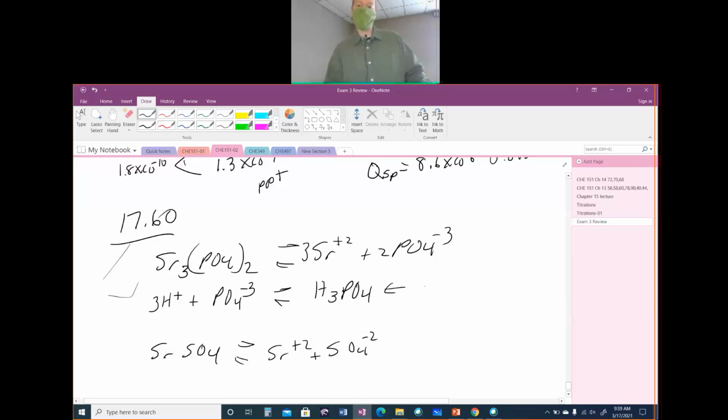This is not a memorized strong acid. This is a weak acid. And so this equilibrium is very, very strongly going to the right. So the equilibrium is going to the right. This is going to be a very large K value.